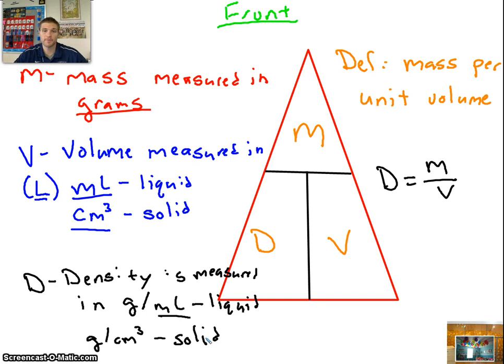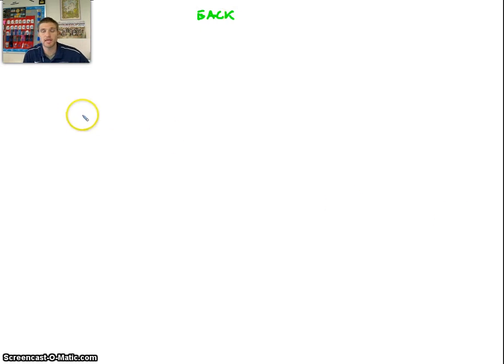So this front side of the note card is going to help you remember the labels and figure out what goes where. Now, on the back of this note card, we're going to start making practice problems. We have Mr. Peterson's perfect procedure for doing problems perfectly. There are 5 P's because there are 5 steps. The first step is to draw the triangle, so we would draw mass, density, and volume.